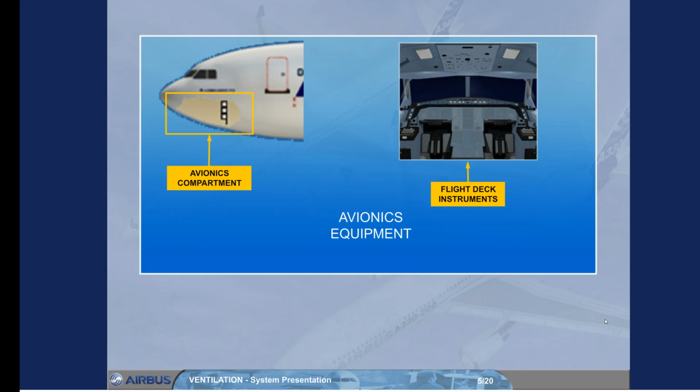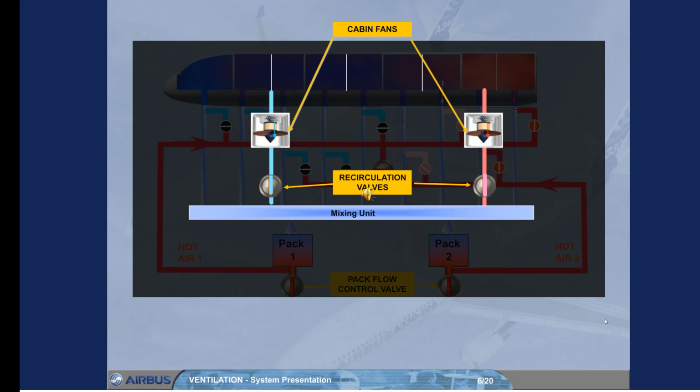Let's now look at how the system works. Two cabin fans, which blow air to the mixing unit of the air conditioning system, are also used for the avionics system, as shown. Note: the cabin fans run continuously as long as the aircraft electrical system is supplied.